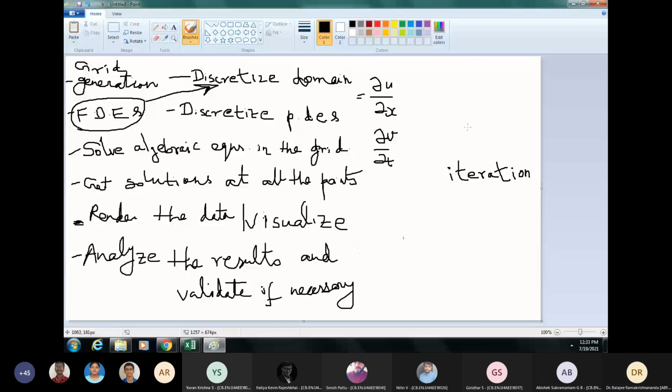So at some point, you may have to stop the calculation. When do you stop? When the error is now below the limit which I specify. How you measure that is a different issue. Now, this process of reducing the error with each iteration is known as convergence.